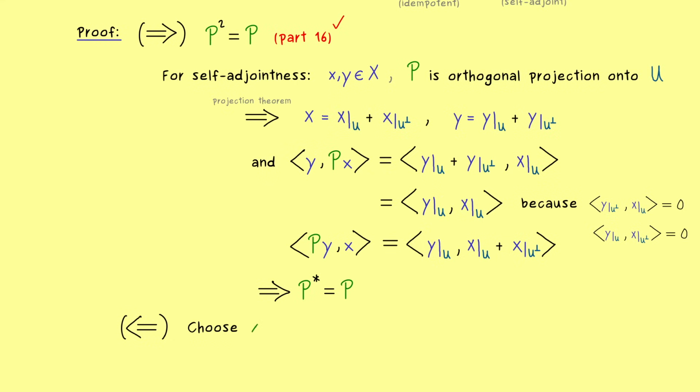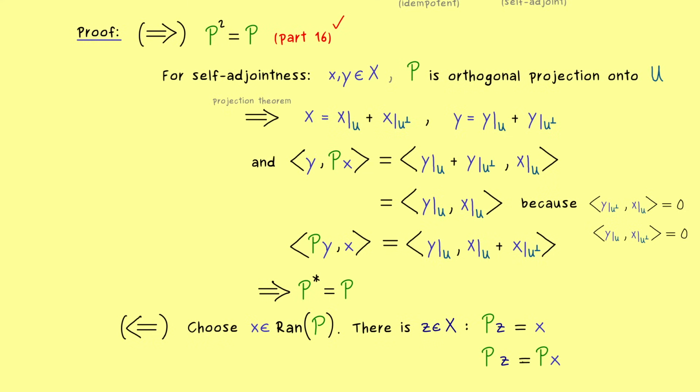And maybe let's first look at the range, so let's take an x from the range of P. And there we can immediately use that P is idempotent, so P squared is equal to P. And on the other hand, because x lies in the range of P, we can find a pre-image z. So simply P applied to z is equal to x. And now what we can do here is to apply P on both sides again.